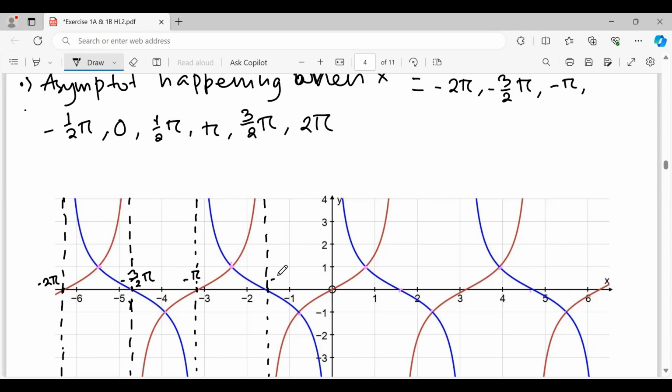This is minus half pi. 0, of course, here. Then positive half pi here.